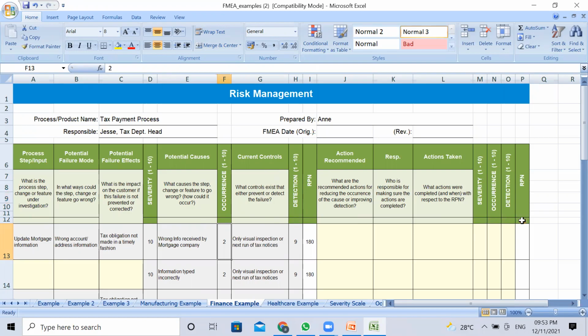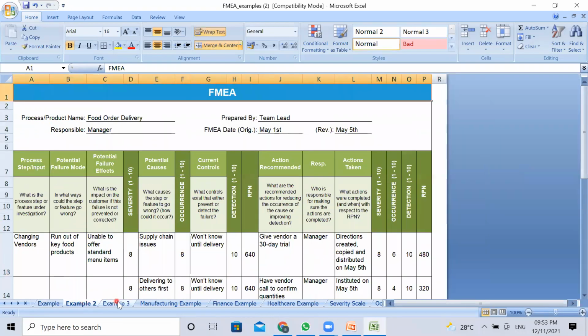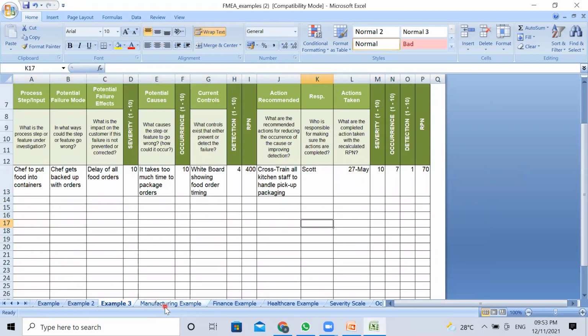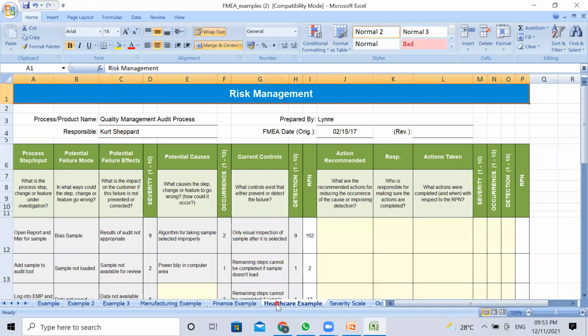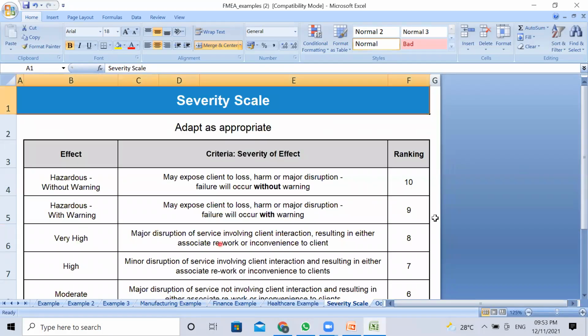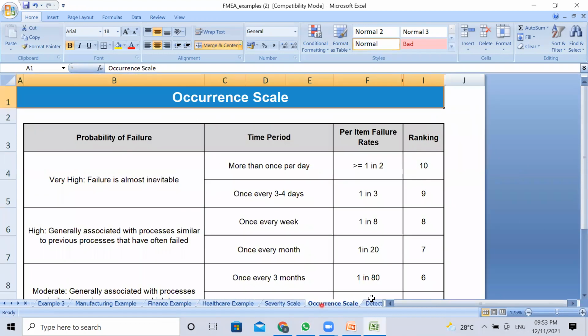We have also got three examples, Example 1, 2, 3: one from manufacturing, one from finance, and one from healthcare. Then there are some guidelines on how to give the rating for severity, occurrence, and detection, right?